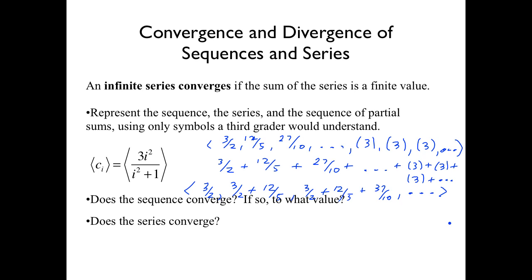Walker, does the series converge? I'd say it diverges. Because? It's going to be 3's added constantly. Remember, this is a concept we saw. What is this kind of like?